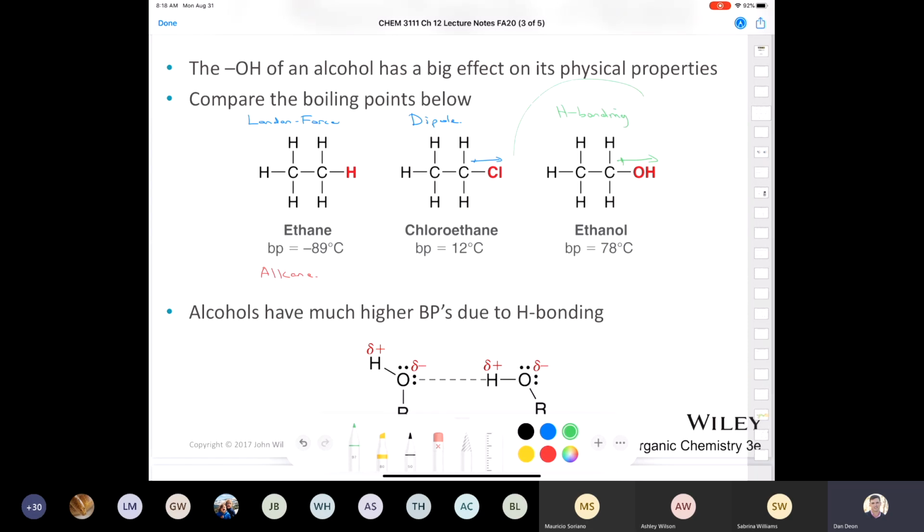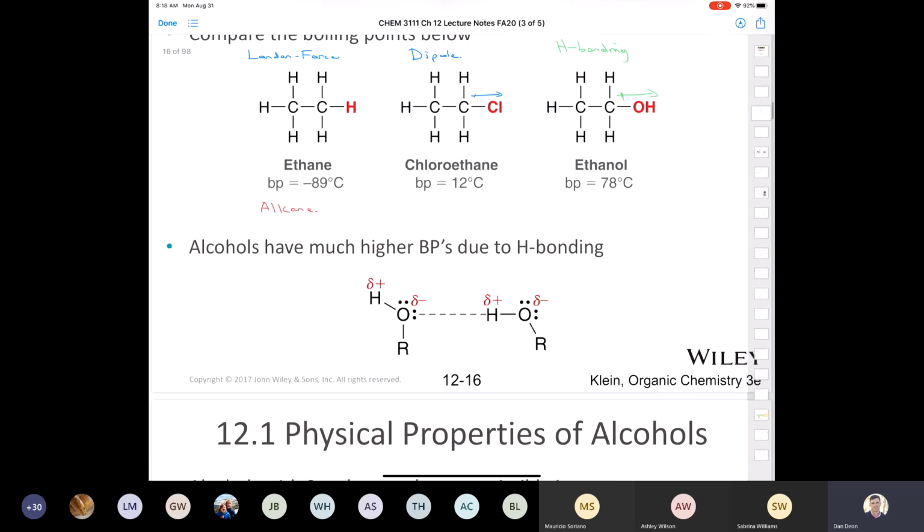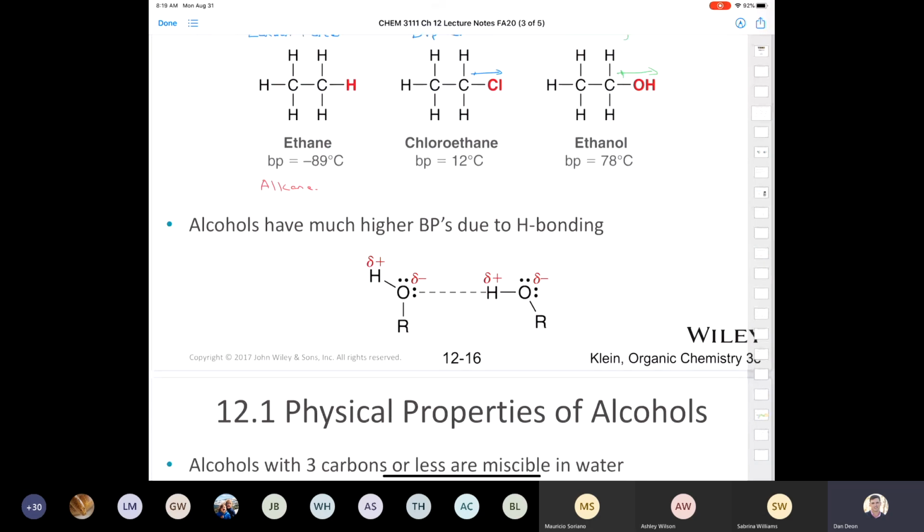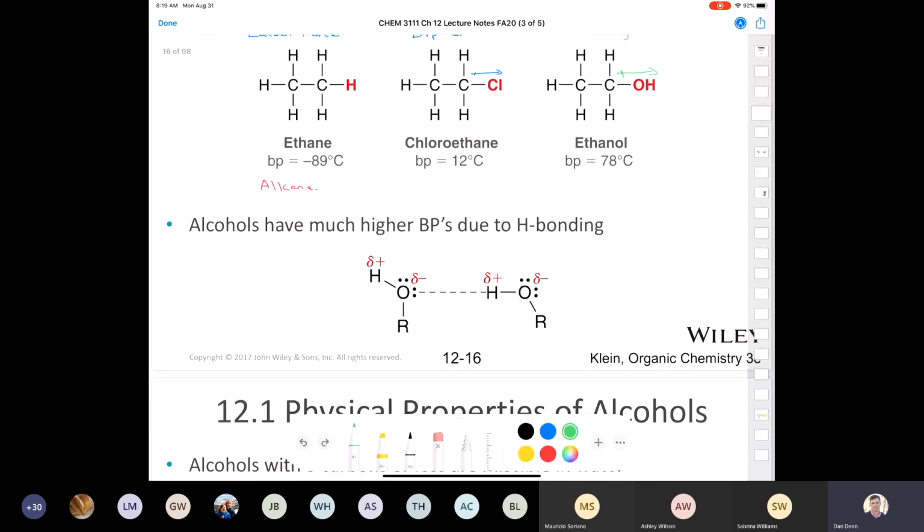Of course, this molecule, ethanol, does experience dipole-dipole forces and London forces, but the reason I didn't write them down is because they are not as strong as hydrogen bonding. So I'm just writing the major intermolecular forces, and you should be able to represent and understand hydrogen bonding and show the delta plus and the delta minus between the hydrogen and the oxygen. Oxygen is the second most electronegative element on the periodic table. And what is electronegativity?